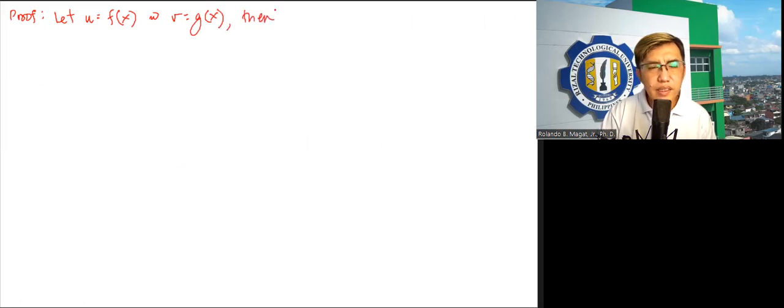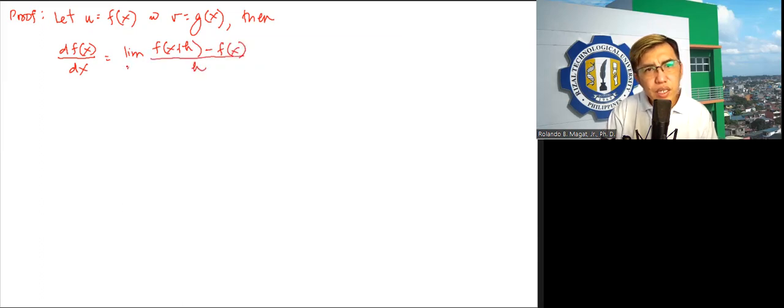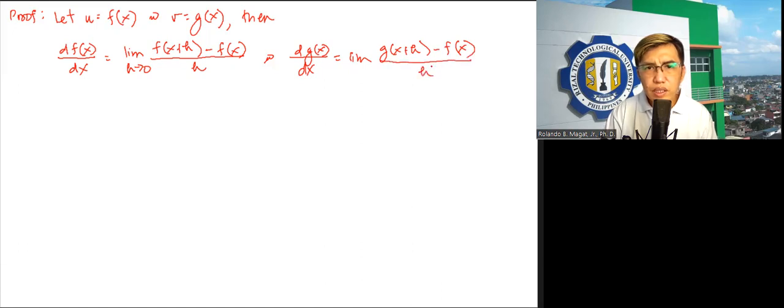Then we can say that d of f of x all over dx is equal to the limit of f of x plus h minus f of x all over h as h approaches 0, and d of g of x all over dx is equal to the limit of g of x plus h minus g of x all over h as h approaches 0.